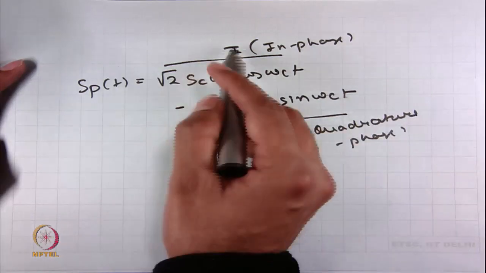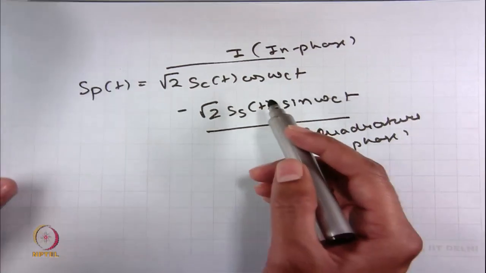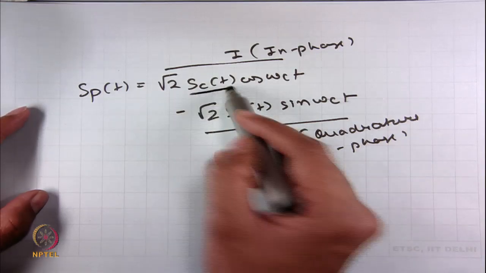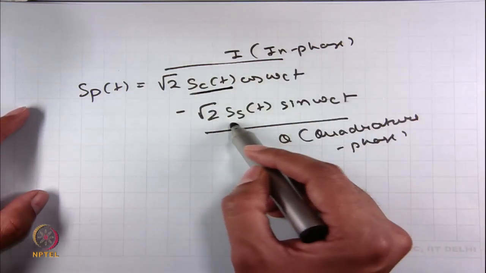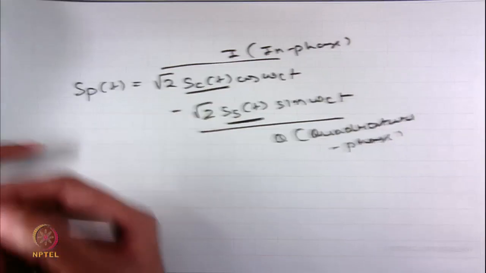Q stands for quadrature, I stands for in phase. And so, in the in phase component I have s_c(t), and in quadrature phase I have s_s(t). Okay.